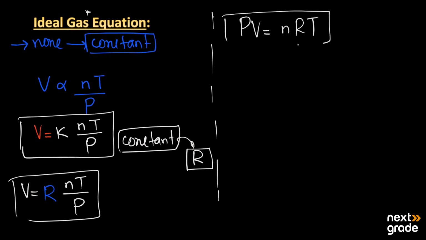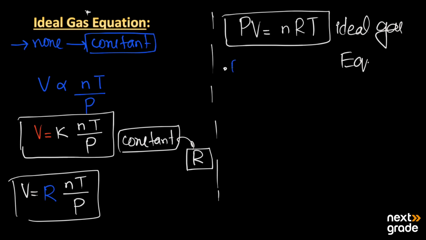PV is equal to nRT. This is known as the ideal gas equation. This is how we gained this equation by combining different laws.